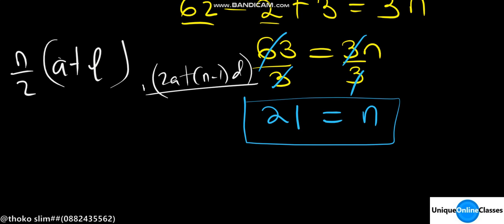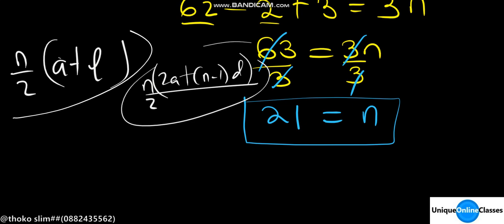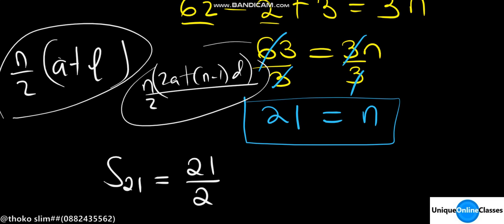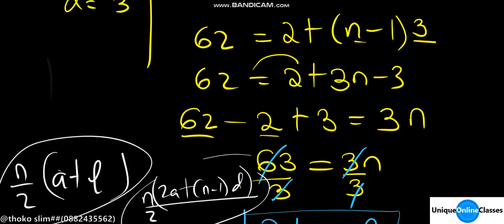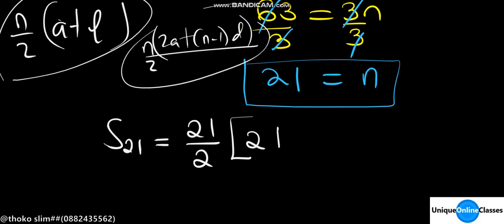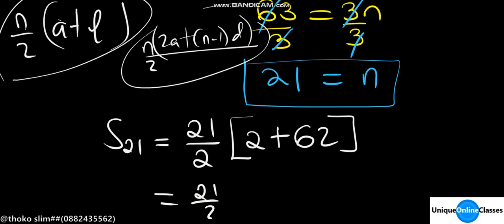To make it easier, we use the one we know. So the sum of 21 terms is equal to n over 2, that's 21 over 2, then open bracket, the first term, which was 2, like you see here, and the last term, which is 62. So 21 over 2 times 64.